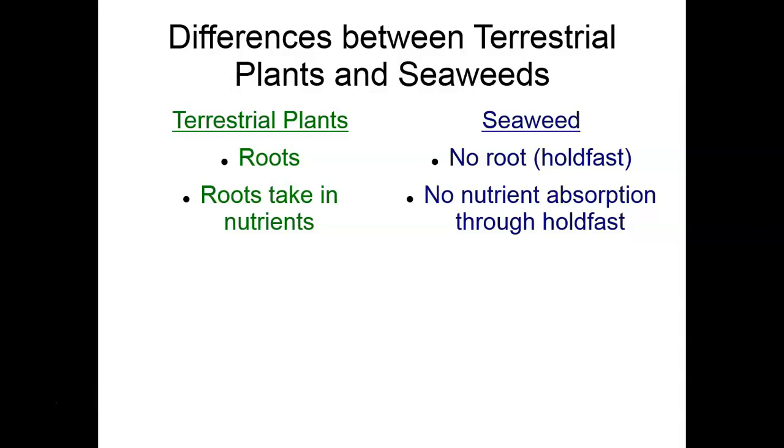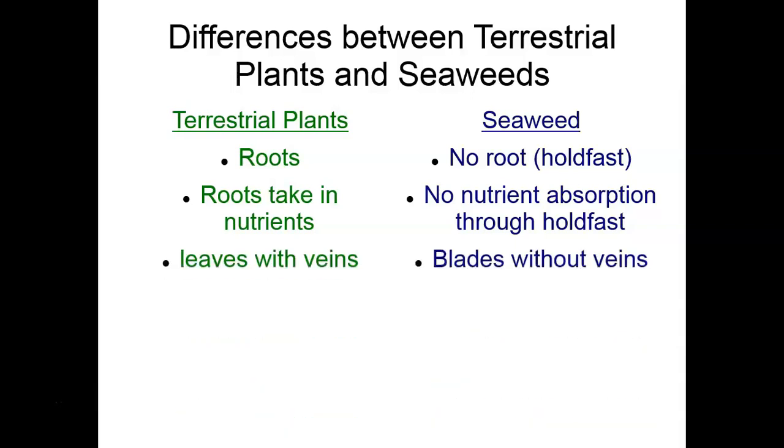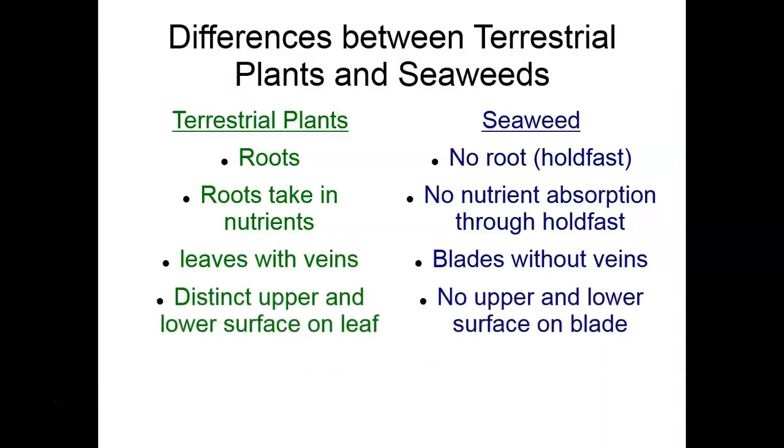It's basically just an anchor. Terrestrial plants have veins going through their leaves, whereas seaweeds have a leaf-like structure that's called a blade, and that doesn't have veins going through it. For terrestrial plants, if you look at a leaf, it has a distinct upper and lower surface, where the upper surface tends to be shinier because it has a waxy coating on it.